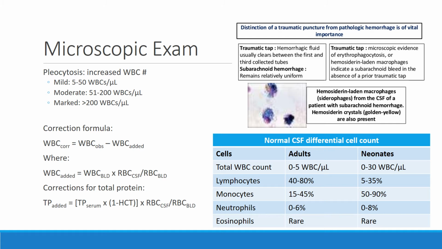Making sure that we get that microscopic exam done right away is important, and that's because cell deterioration in a CSF will start within just a couple of hours of collection. As a general rule, the clinical staff has a sense of urgency when it comes to these specimens, and we have to make sure that's across the board and that we get these specimens as soon as they're collected.